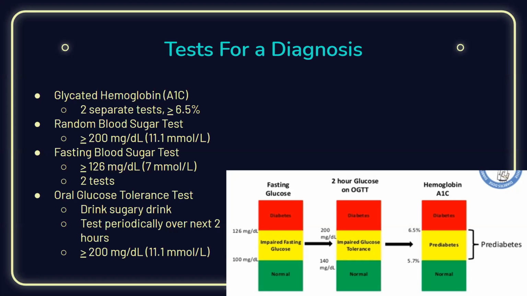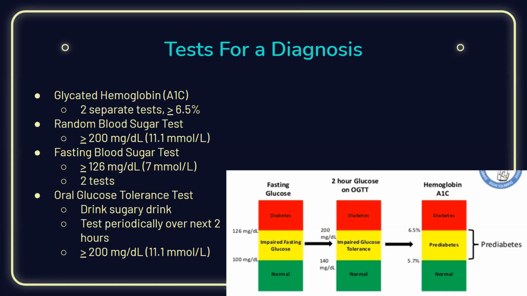So there's the random blood sugar test, which you take at random times. But the fasting blood sugar test is more tightly regulated. And then you have the oral glucose tolerance test, where you drink a sugary drink with a high concentration of glucose, and you test your blood sugar levels periodically over the next 2 hours.